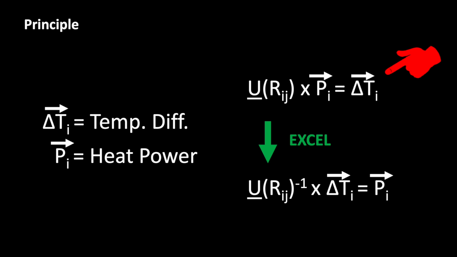Since we actually want to calculate the whole thing in the opposite direction, we have to invert the matrix. Then we can actually calculate the heating power from the temperature differences. And as we know, we then calculate the heating or cooling energy that we need over the year.